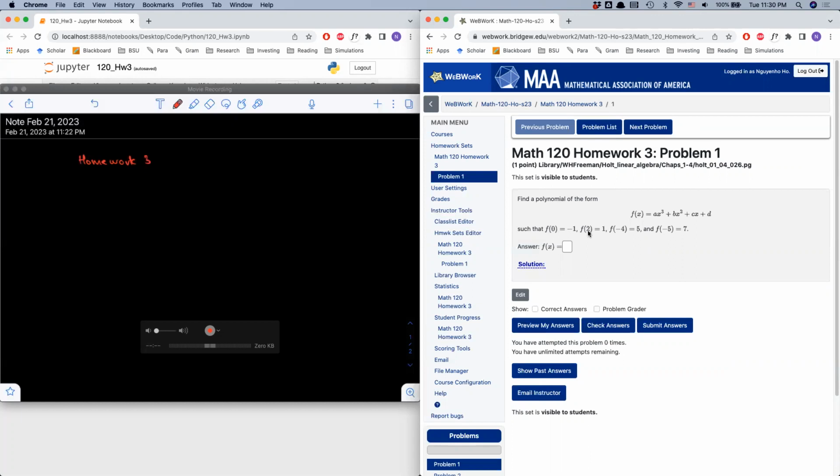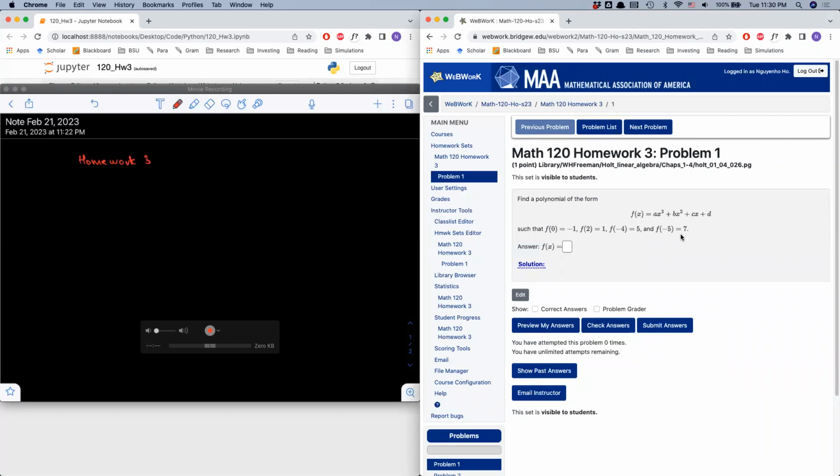The second point is x equal to 2, y equal to 1. The third point is x equal to -4 and y equal to 5. And the last point is x equal to -5 and y equal to 7. So you have 4 points and you want to fit a polynomial function of degree 3, always 1 less than the number of points that you have.